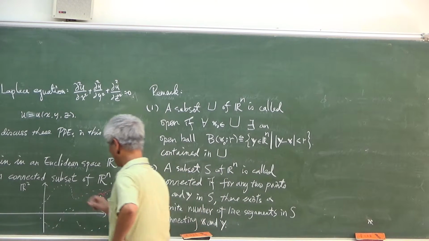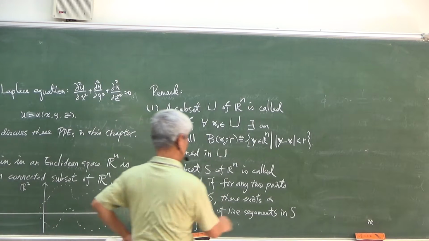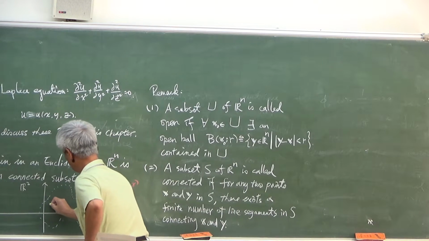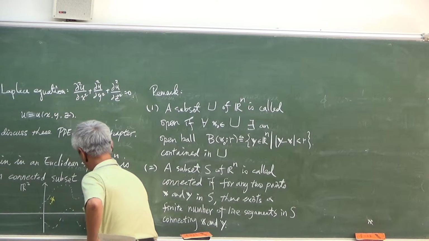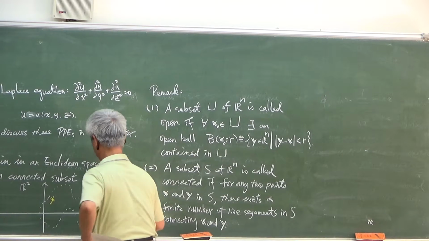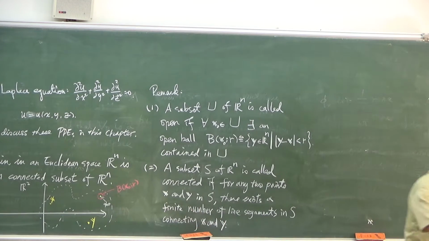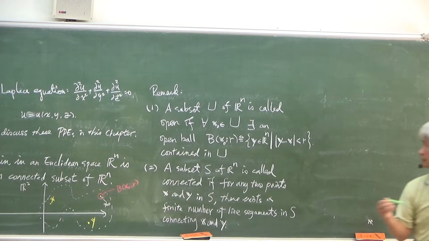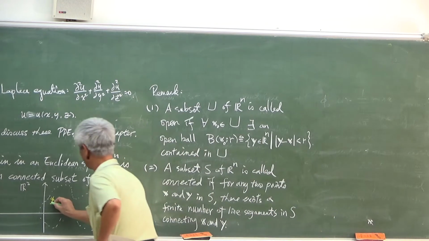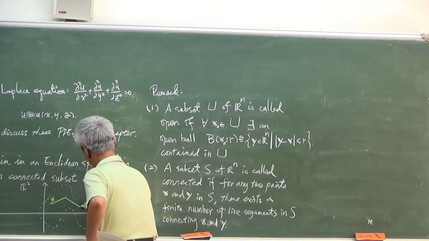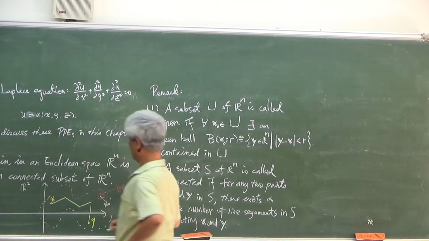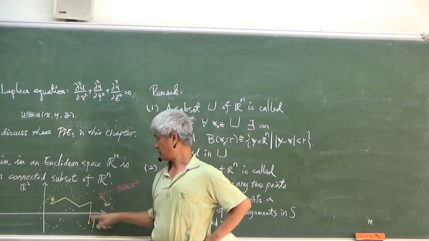That means that if I select a point, this is x here, and we have y here, I will find a number of line segments, probably from here to here to here and here, to connect x and y.